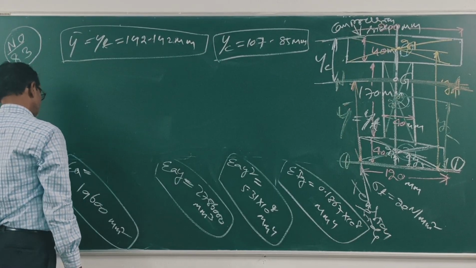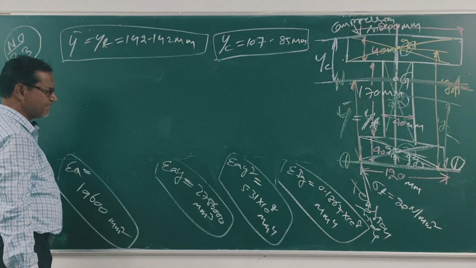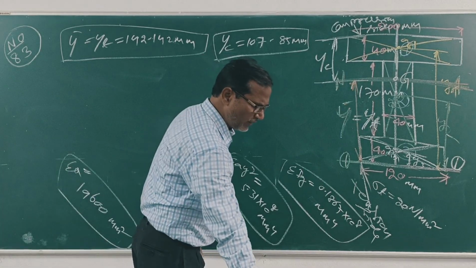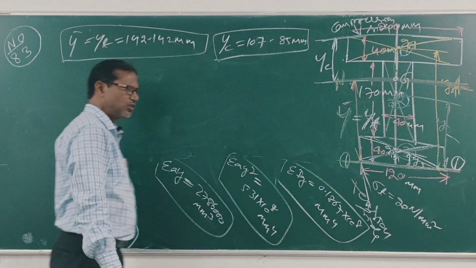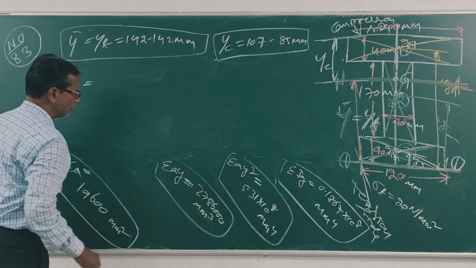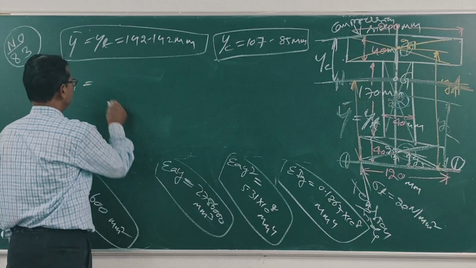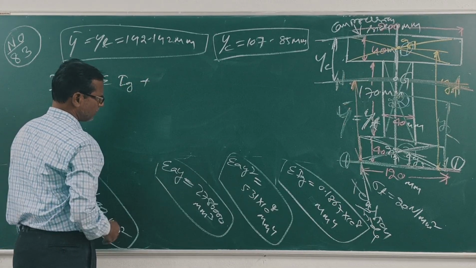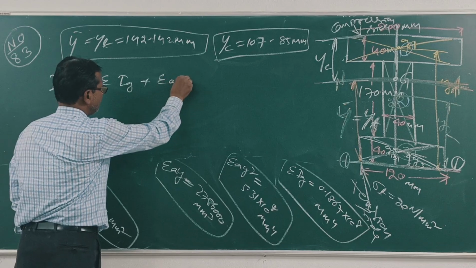Now I11. What is I11 equal to? I11 is equal to sigma Ig plus sigma A y square.